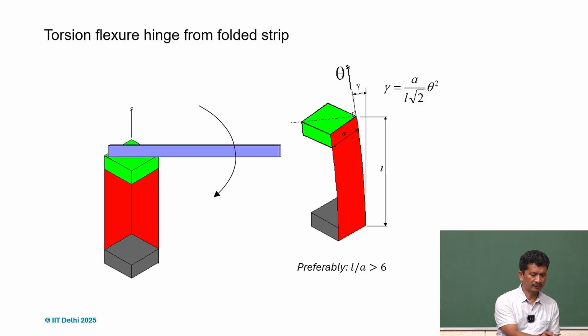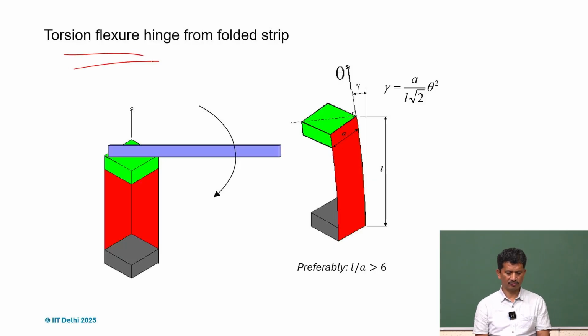Moving on, there are some flexures. When we covered design for stiffness, we talked about certain cross sections which are torsionally compliant. When we try to rotate, they can rotate easily, and the stiffnesses are not very high. So we can use those kinds of structures and cross sections, and we can get very good torsion flexures.